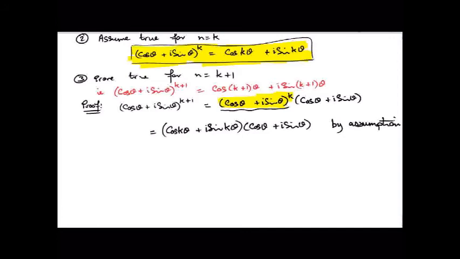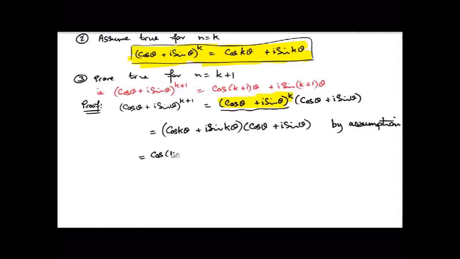Aren't we multiplying two complex numbers in modulus argument form? When you're multiplying two complex numbers in modulus argument form, don't you just multiply the r's and add the angles? Now, in this case, r is just 1, isn't it? There are no r's. It's just like there's a 1 outside the bracket here. So we don't need to worry about the r bit. All you and me have got to do here is add those angles.